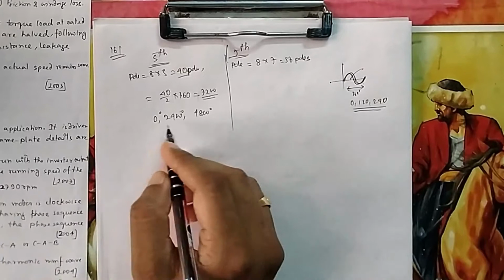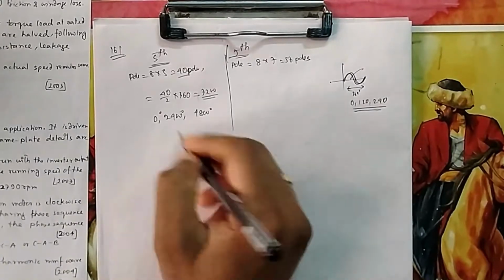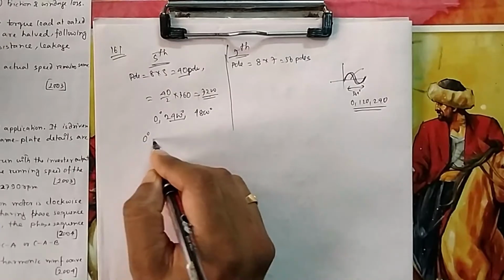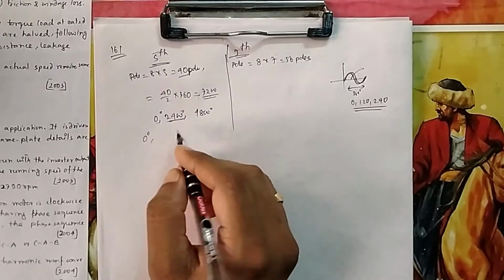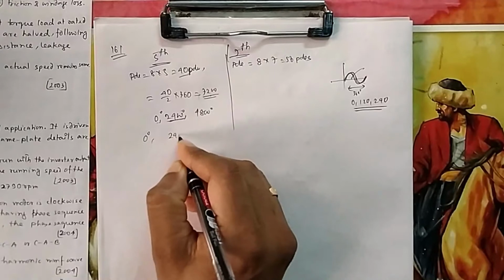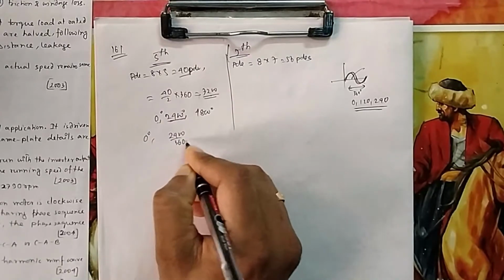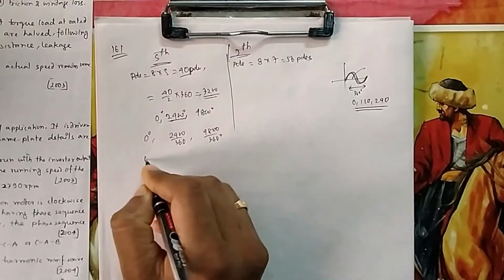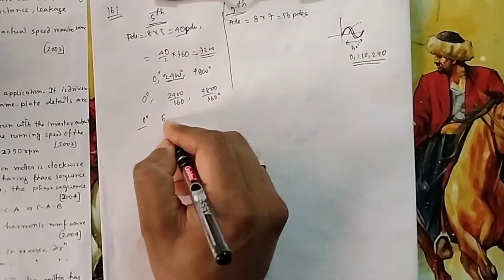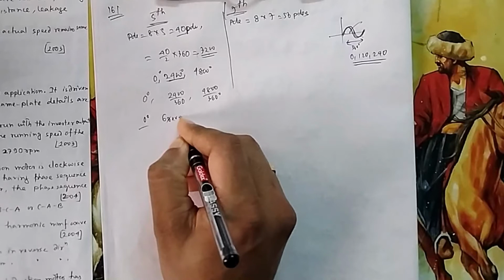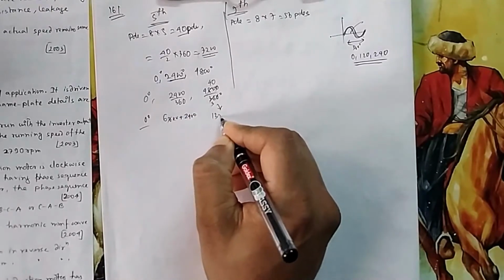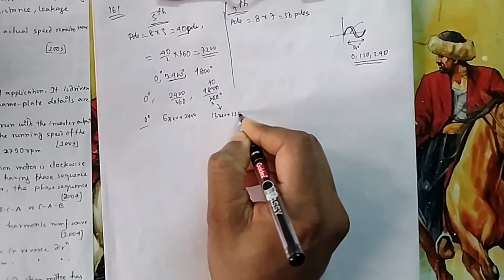Can you see which degree it is? Bring it to the normal degree system now. 0 is 0. What is 2400? Divide by 360, and 4800 divided by 360, and you will see it is 6 complete revolutions plus 240 degrees, and 13 revolutions plus 120 degrees.